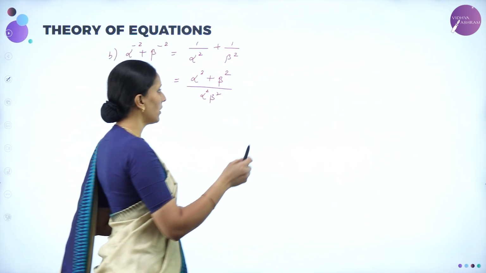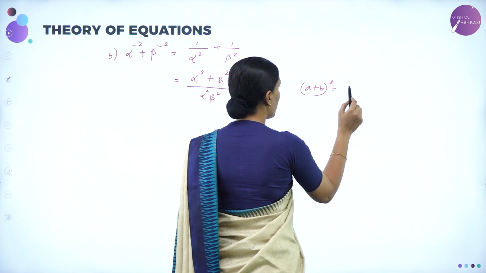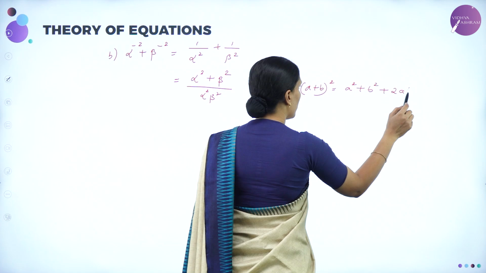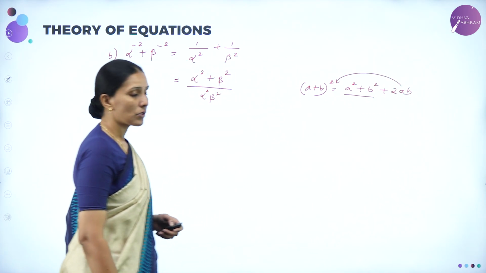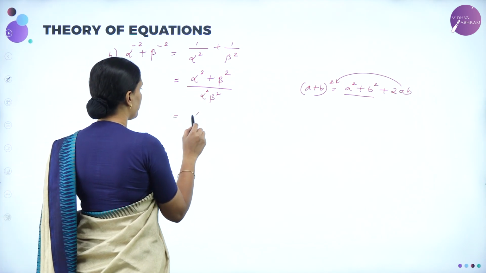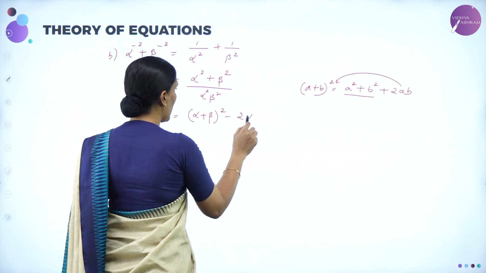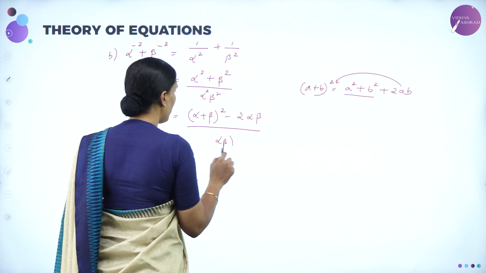So we know that a plus b whole square is equal to a square plus b square plus 2ab. If we want a square plus b square, then we'll subtract 2ab from a plus b whole square. So this can be written as alpha plus beta whole square minus 2 alpha beta. Denominator can be written as alpha beta whole square.